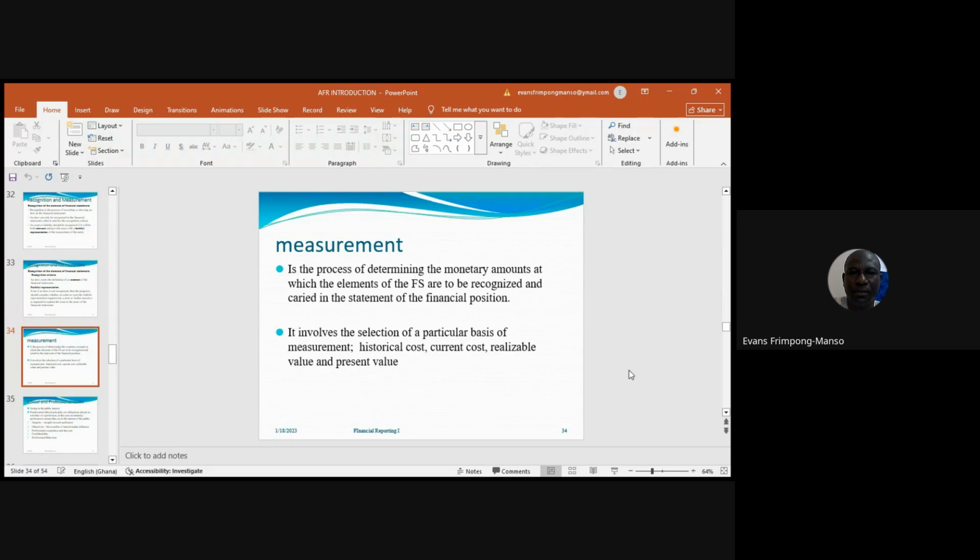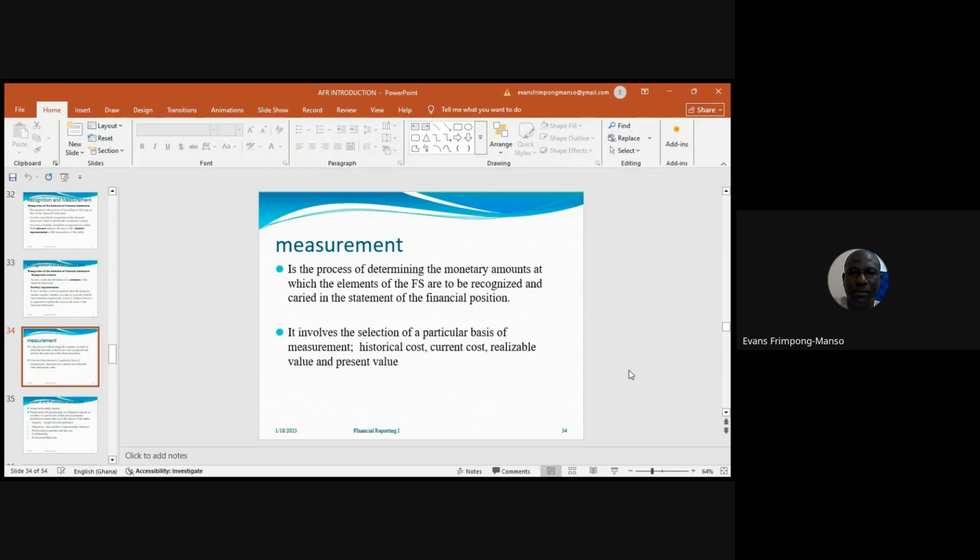So if you want to measure the elements on the financial statement, are you going to use the historical cost or what? And I've told you that the measurement basis that you will employ depends on the item that you want to measure on the financial statement.